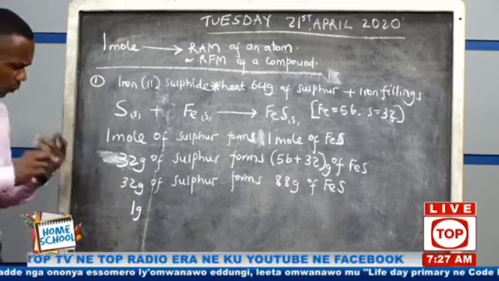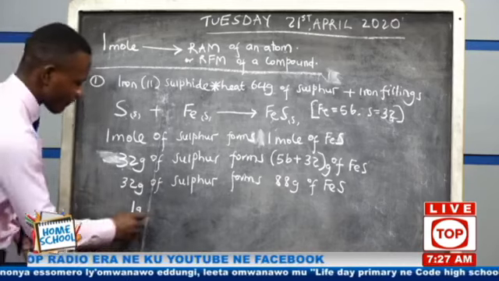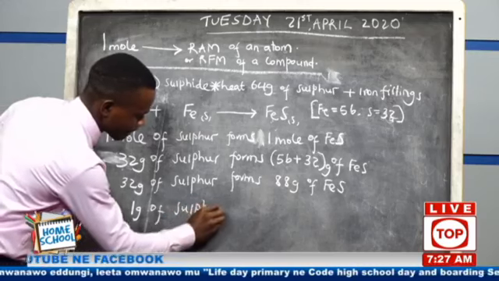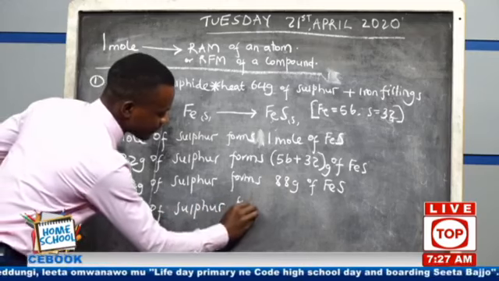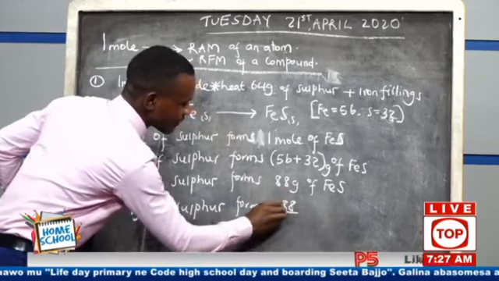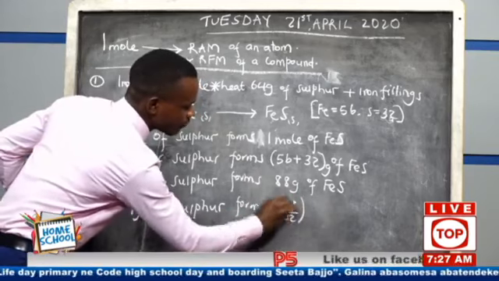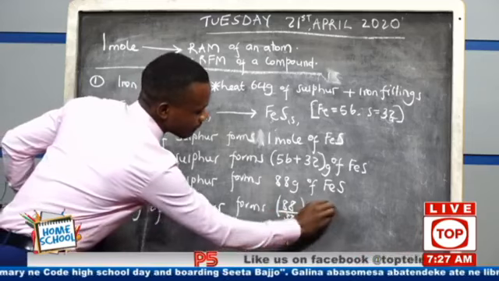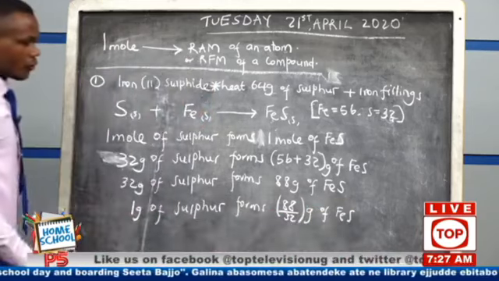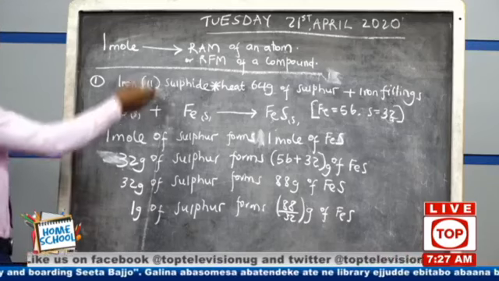If you heat 1 gram of sulfur, what is formed? It is 88 divided by 32 grams of iron 2 sulfide. We go now to our question.